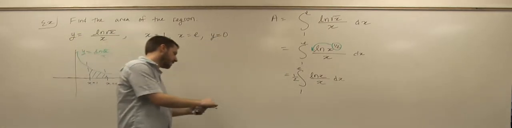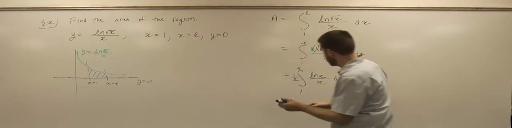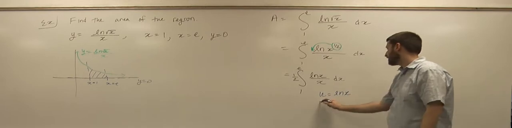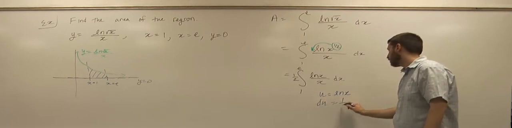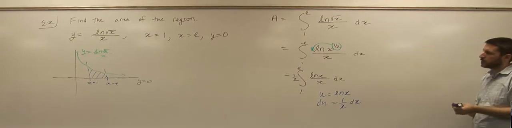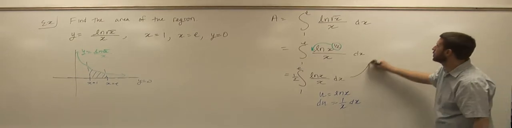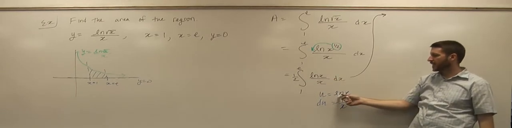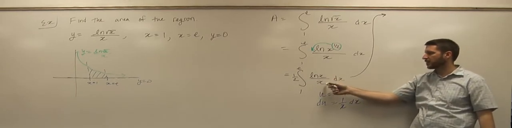This guy we can do, in fact we just did it. We did it by setting u equal to ln x, because then du would be 1 over x dx. So we change this by setting u equal to ln x, since we have 1 over x in there already.